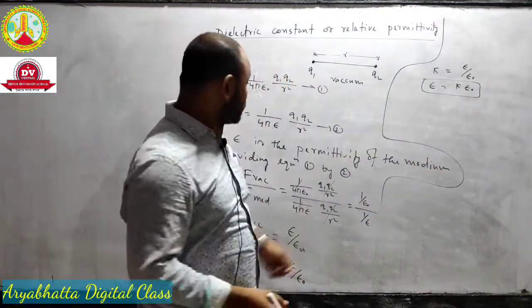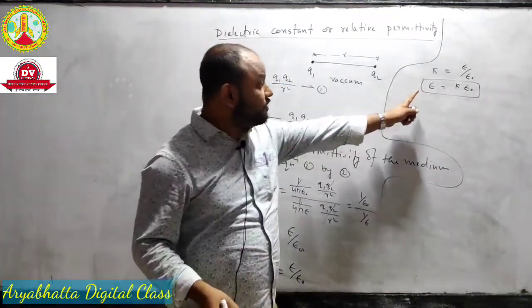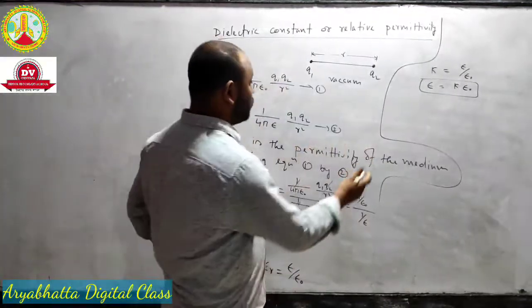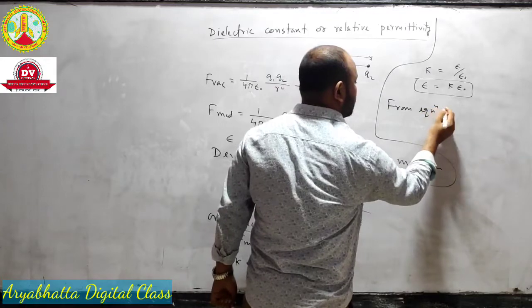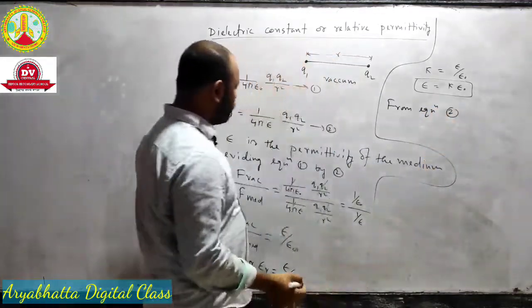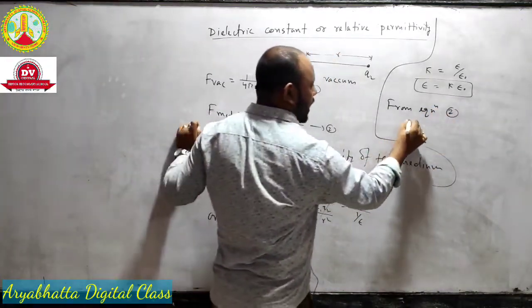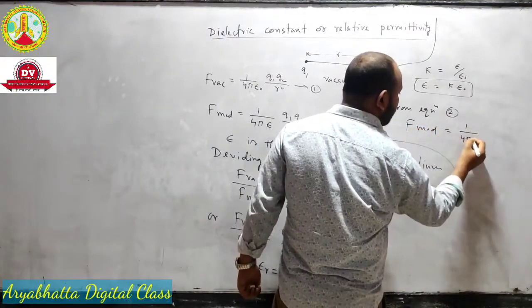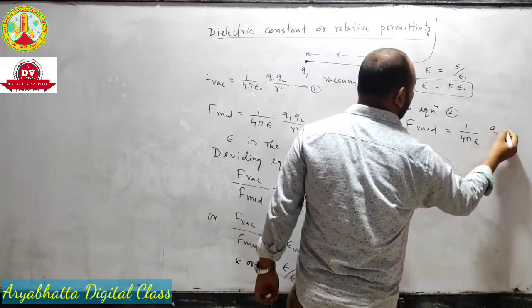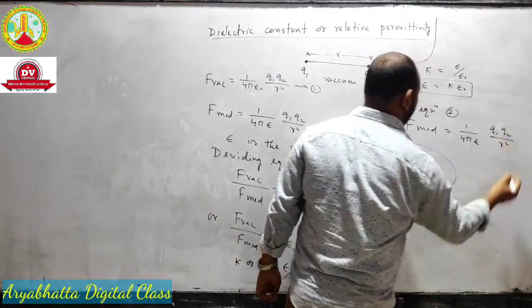Now, using the value of epsilon in equation 2: F medium is equal to 1 by 4 pi epsilon Q1 Q2 by r square.